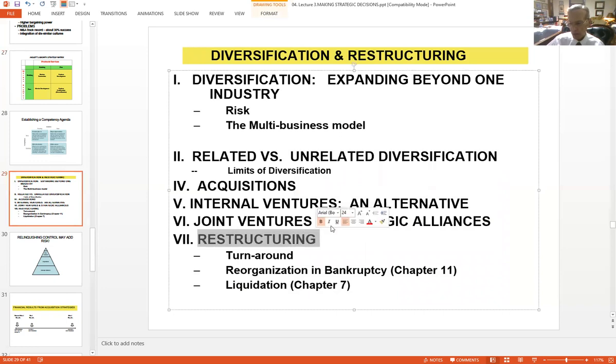We may have to turn the business around, clean up our act, fix errors, discontinue unsuccessful products. If that doesn't work, we may have to go into reorganization through bankruptcy proceedings, in which case our shareholders will be treated very poorly.